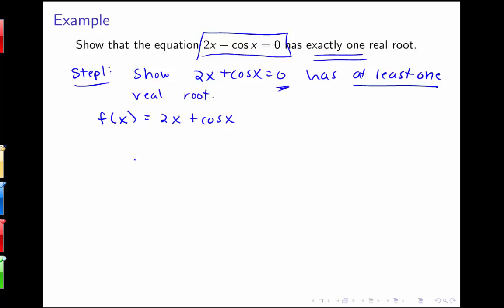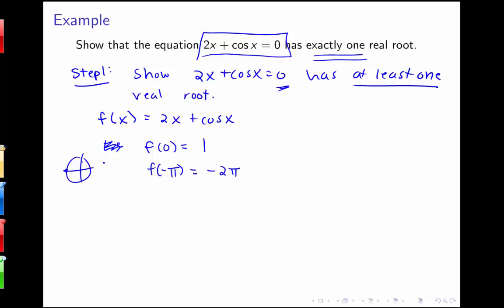So let's say that f of 0, that's an easy number to plug in, f of 0 gives me 0 plus cosine of 0, which is 1, and now I want to plug in something that's going to give me a value that's smaller than 0, so I'm going to try negative pi. So negative pi will give me negative 2 pi plus cosine of negative pi. That'll put me over here.